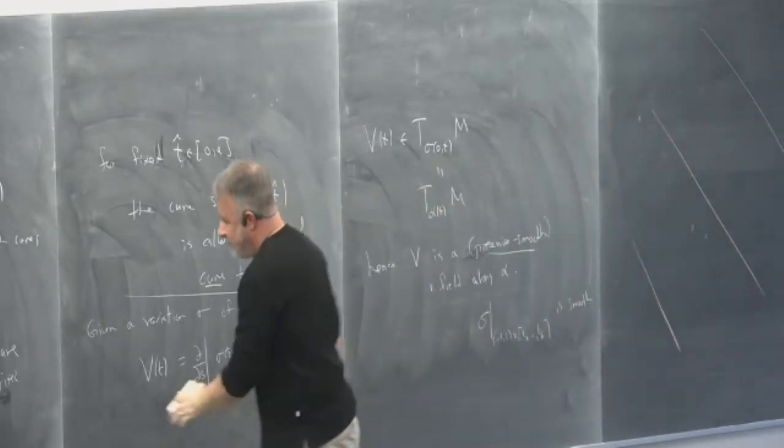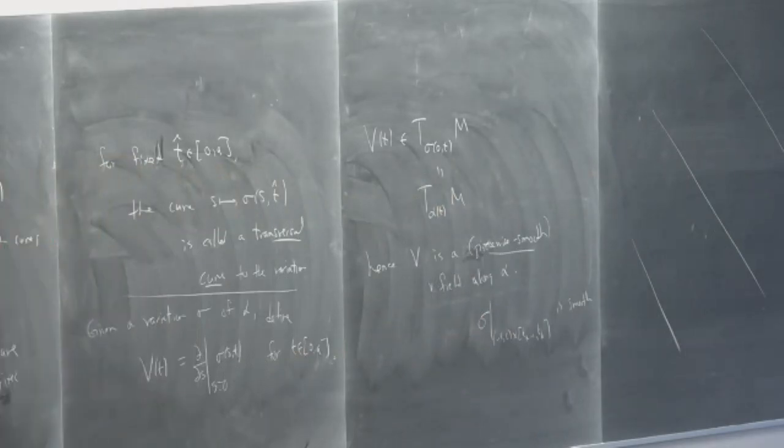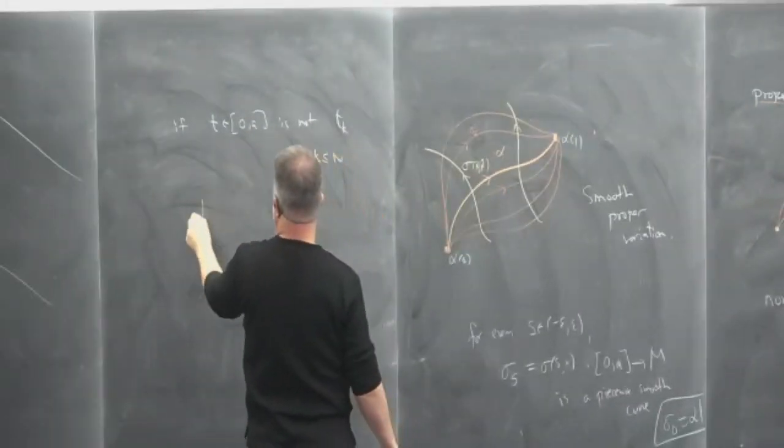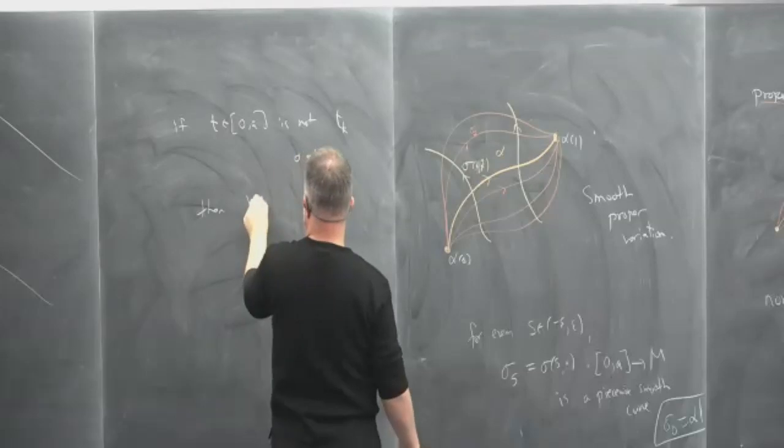Let me put that. It's worth saying it because it's going to come up several times today and Wednesday. So notice, if t is not t_k for k from 0 to n, then V of t is well defined.